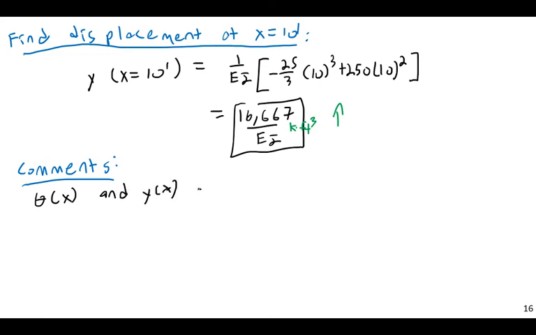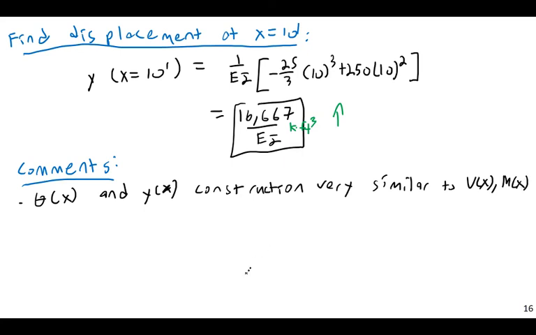Construction is very similar for v of x, m of x. So if you have discontinuities, you need to divide it into a series of sections. You will need boundary conditions.